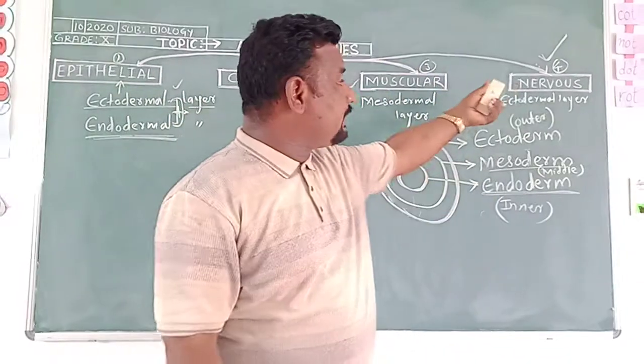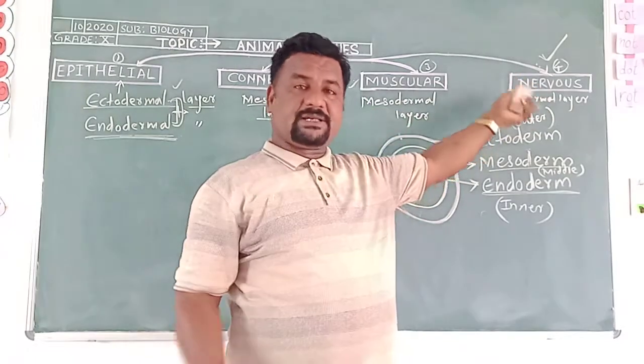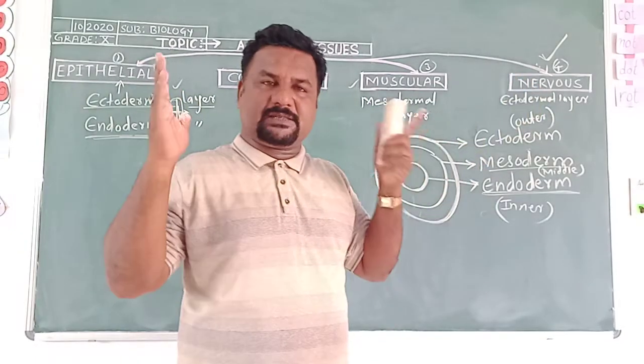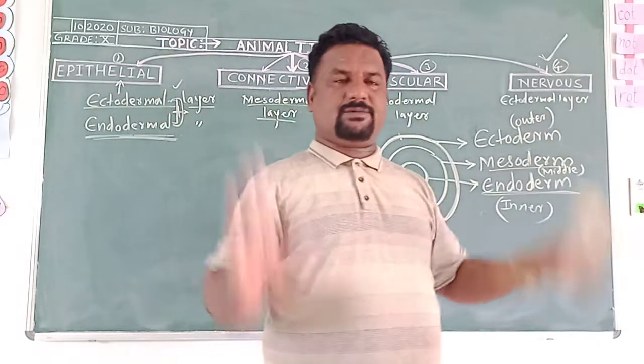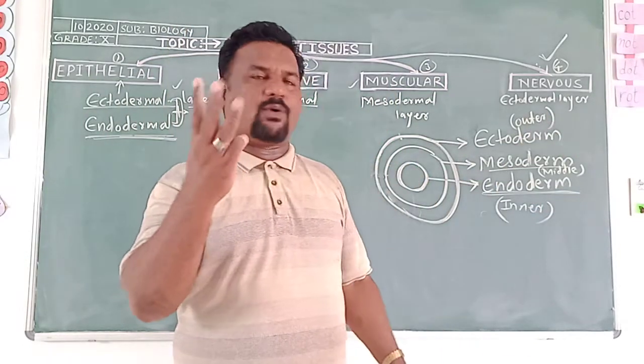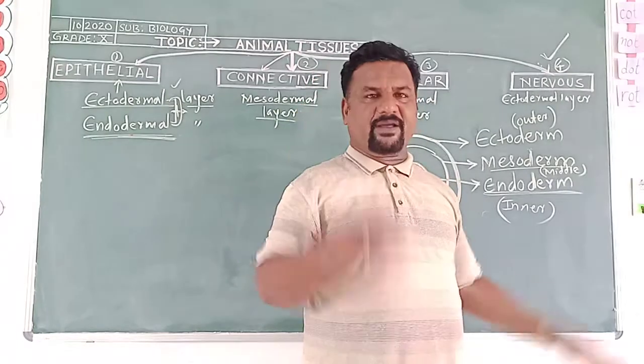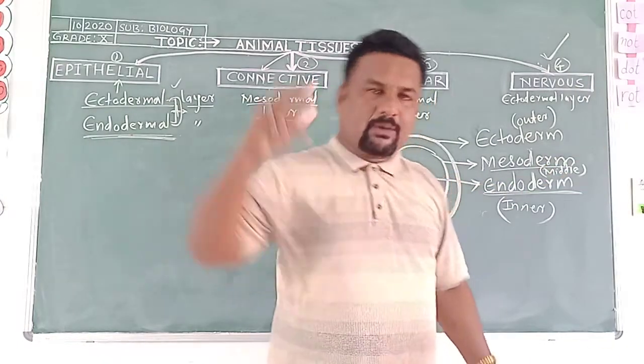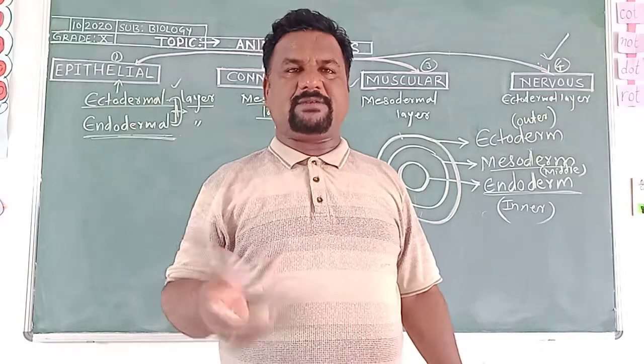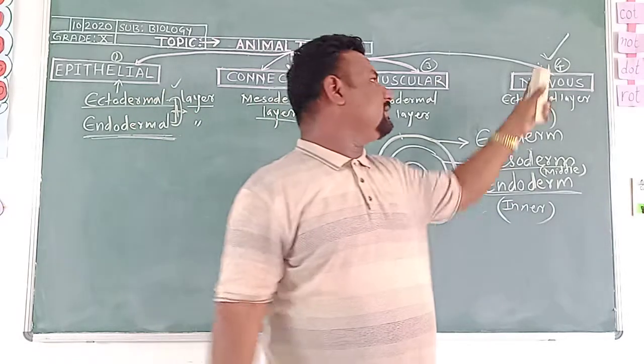And where are nerve tissues present? Nerve tissues are present in organs like the brain, spinal cord, and nerves. These 3 organs of our body are composed of this tissue. Brain is made of nerve tissues, spinal cord is made of nerve tissues, as well as nerves are also made of this tissue.